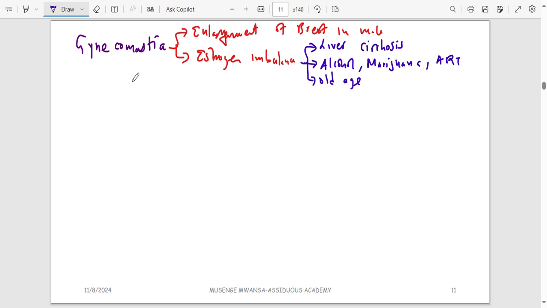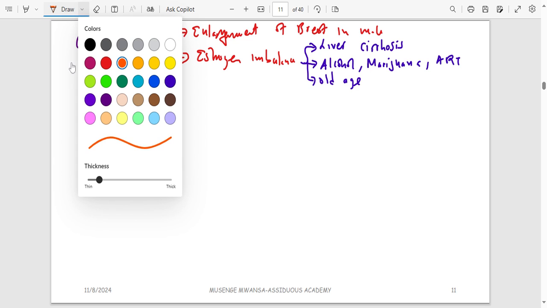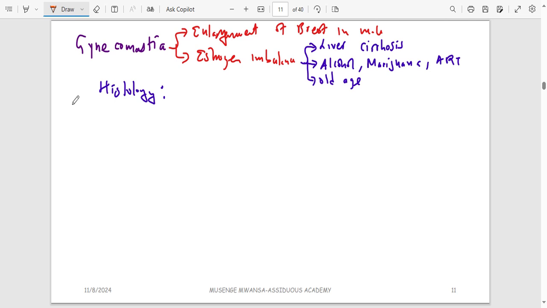So for someone that has got gynecomastia, when you look at the histology of the breast, remember this is pathology where we should understand more of the histology parts. You are going to see there's an increase in dense collagenous connective tissue, increase basically in collagen. Okay, and this is associated with hyperplasia of duct.